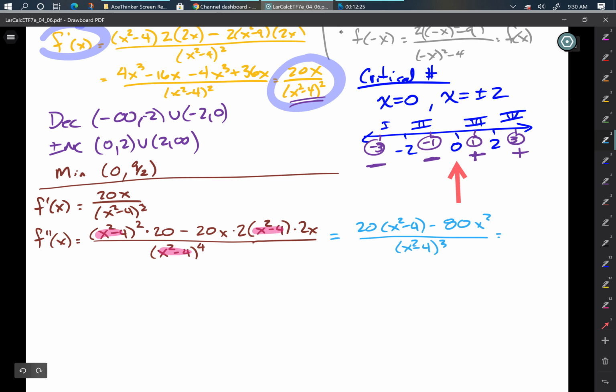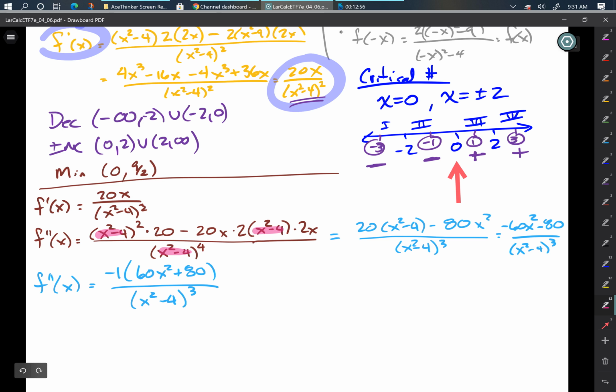Cleaning up that numerator further, I am going to get negative 60x squared minus 80 divided by x squared minus 4 cubed. Right? So my second derivative is negative 1 times 60x squared plus 80, divided by x squared minus 4 cubed.